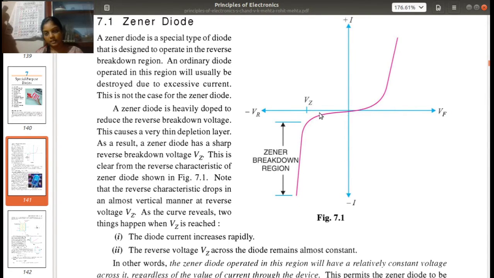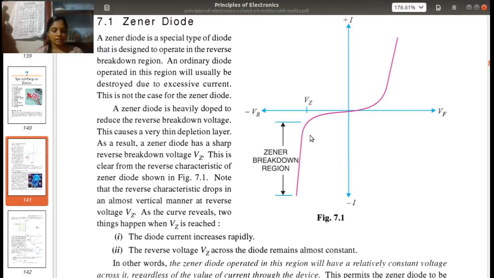So it is working with reverse voltage, and reverse current is obtained. This voltage is known as the breakdown voltage, at which the current shoots out in the reverse direction, and this region is known as the Zener breakdown region, where the current increases sharply.